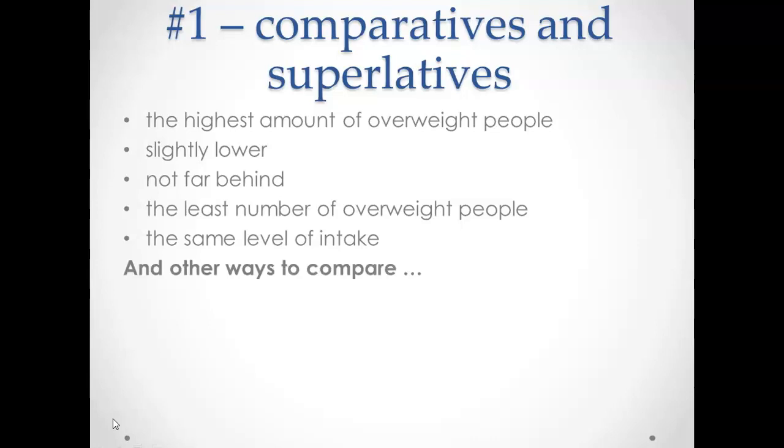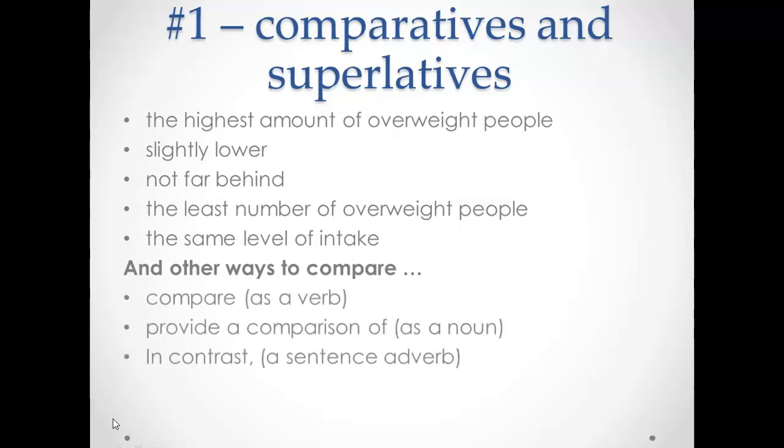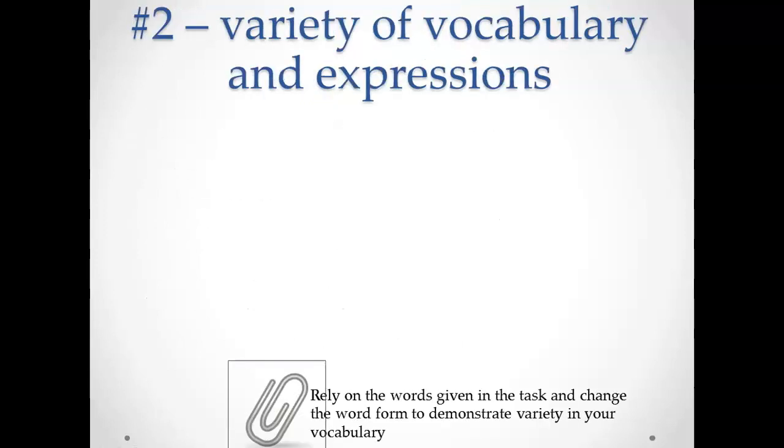Some other ways to compare that you'll see when you go back are using the word compare as a verb and using the word comparison as a noun. Also, you can link ideas to show difference by writing in contrast comma. But when you go back, you will see all of this.